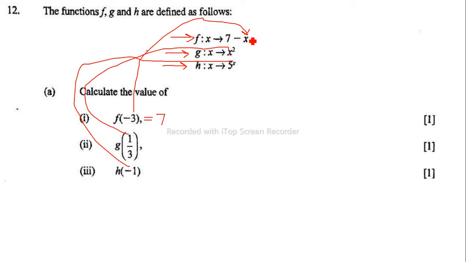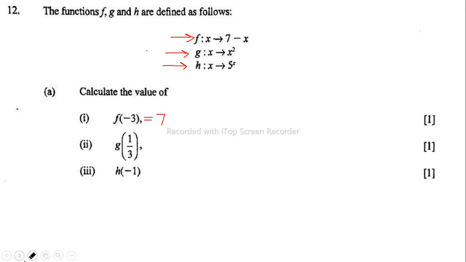So we're using this function, right? So it's going to be equal to 7 minus, open bracket, what are we going to put inside? -3. -3, very good.